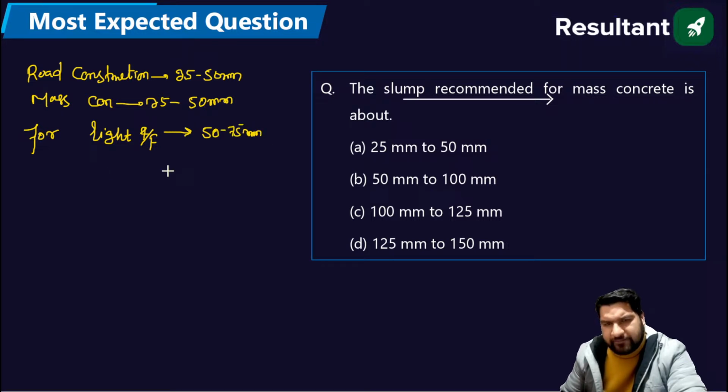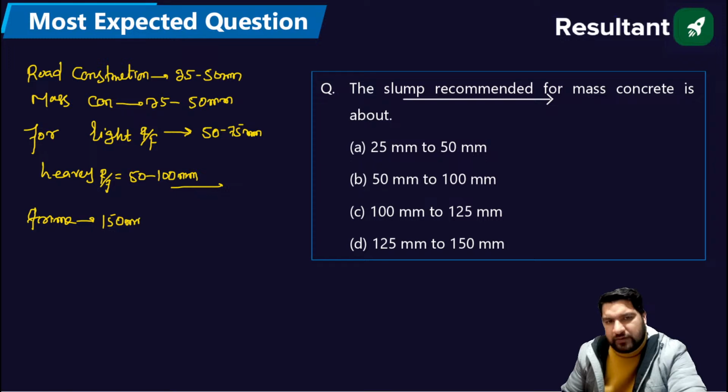For heavy RF section, you can go with 50 to 100 mm. If we are concreting through pipes, that is tremie pipes, what is the value? I told you in the classes. The value is, I think, 150 and above. The right answer for this question is A.